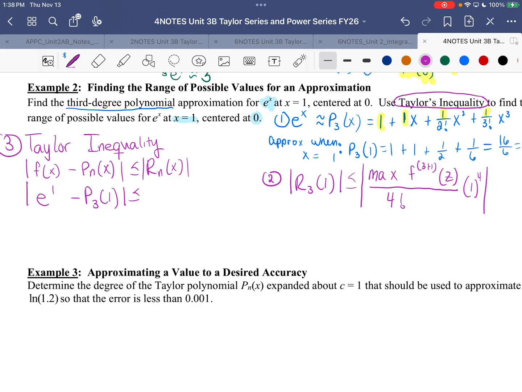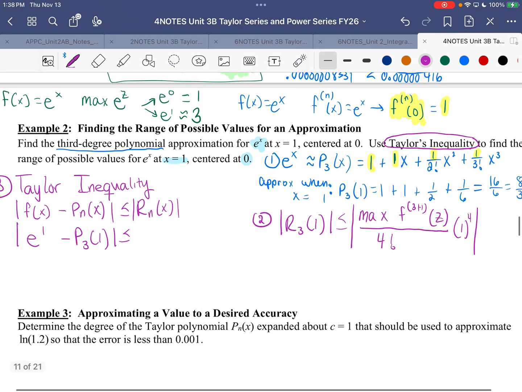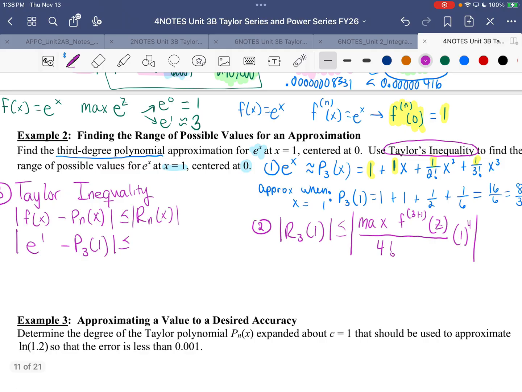But remember what we talked about. The remainder is actually trying to find the maximum that the function we were trying to estimate could be. The situation we're in is that we're looking near 0 and 1. What did we decide the maximum was going to be? 3. And again, we know that it's not really 3, but is that reasonably close to what it would be?